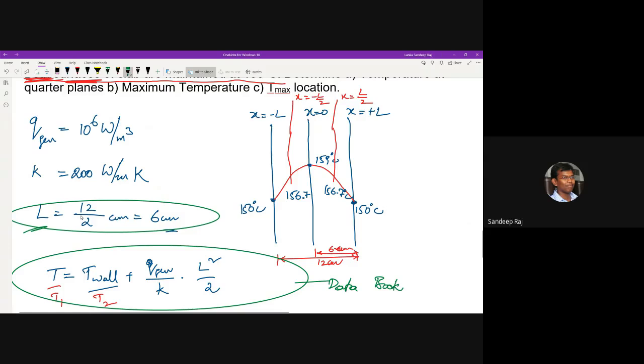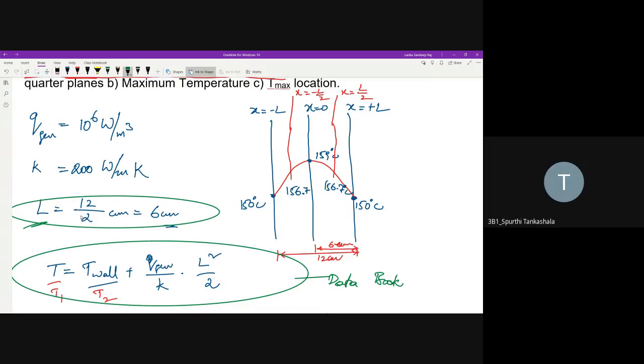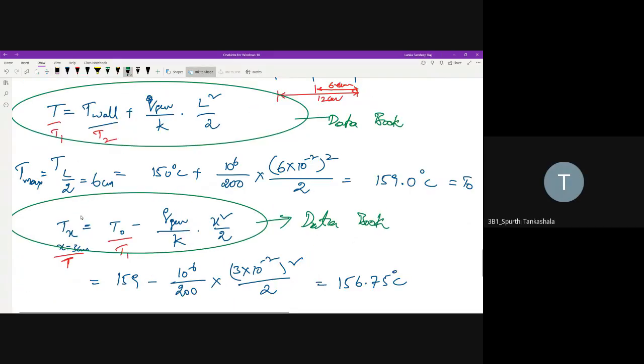Can you scroll down? Sir, no. This should not be L by 2, ma. I'm sorry. This is T max I'm considering here. This is L itself. Okay, sir. That's a representation problem. Otherwise, it's fine.